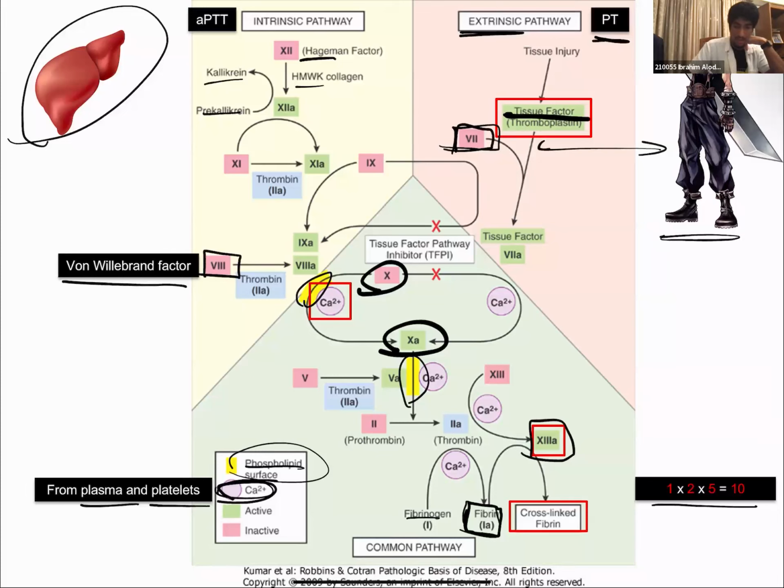Now this math over here is how I used to remember the common pathway, because the factors involved in the common pathway are factor 1, factor 2, factor 5, and factor 10. So 1 times 2 times 5 equals 10. That's how I remembered the factors in the common pathway. Factor 13 is not really considered part of the common pathway because its job is after the fibrin plug is formed, just strengthening it.